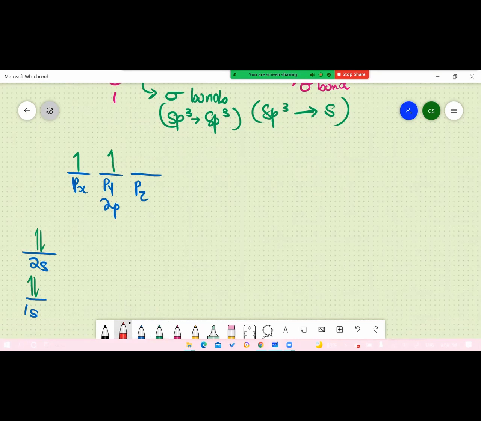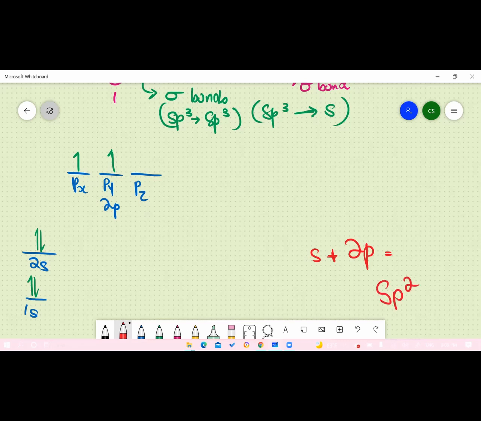Now, how many hybrid orbitals would form if you have a 2s mixing with only 2 p orbitals? Repeat the question. How many hybrid orbitals would you have if you have 1 s orbital mixing with only 2 p orbitals? Will it be sp2?